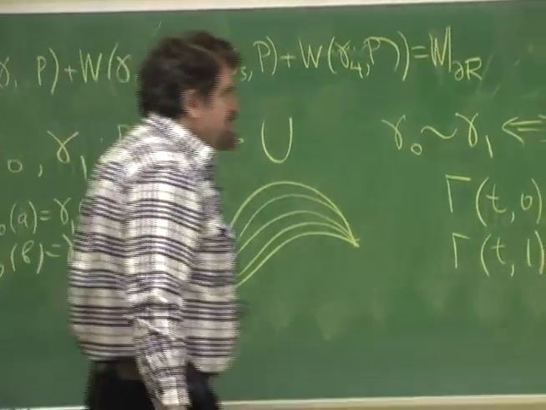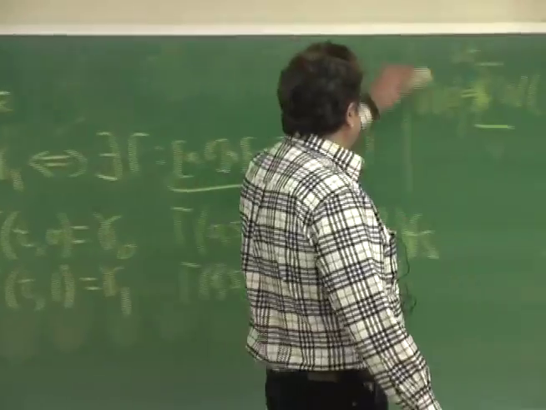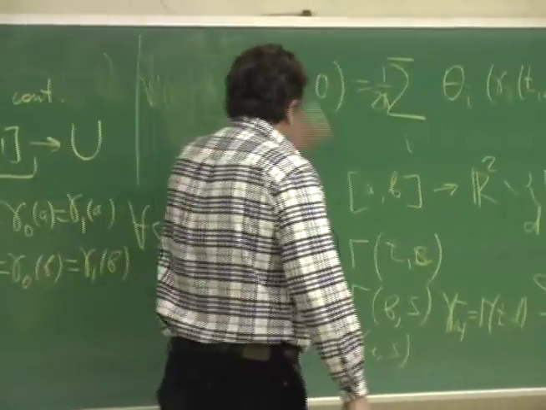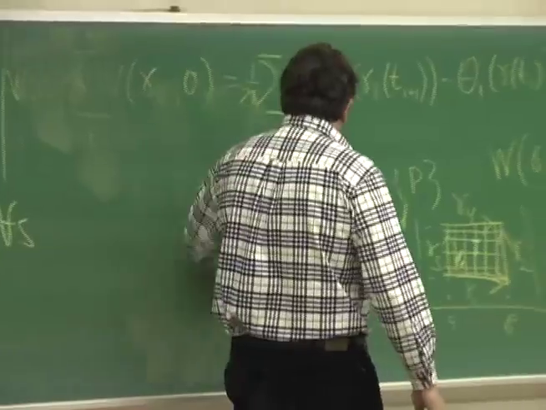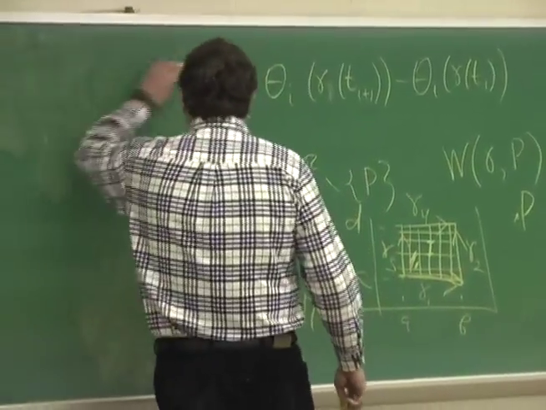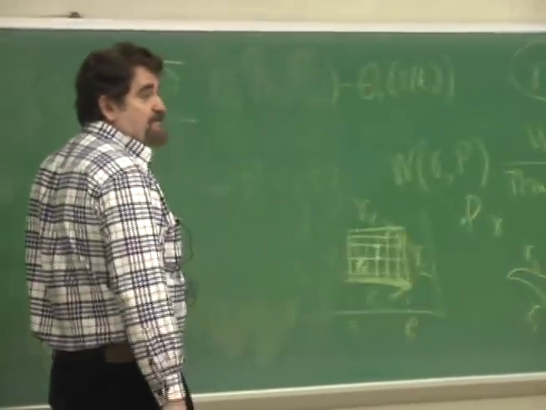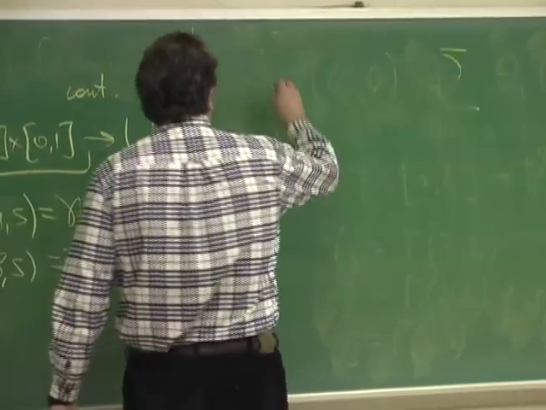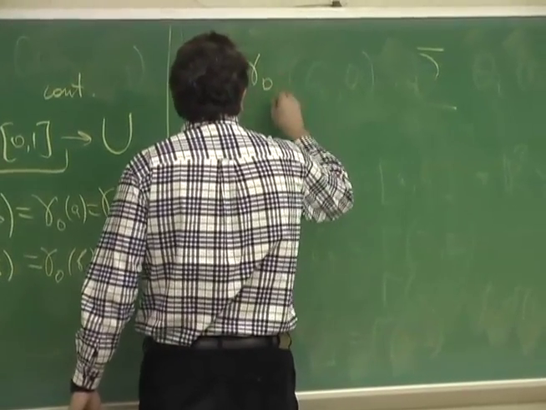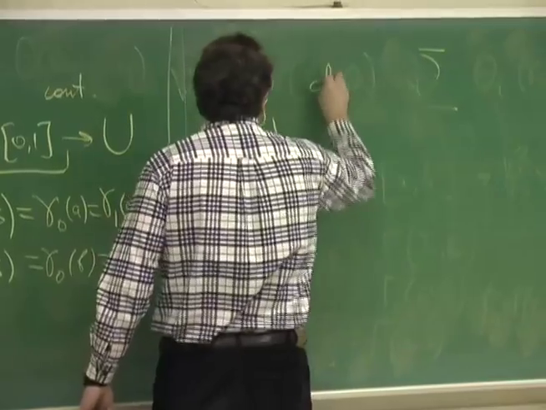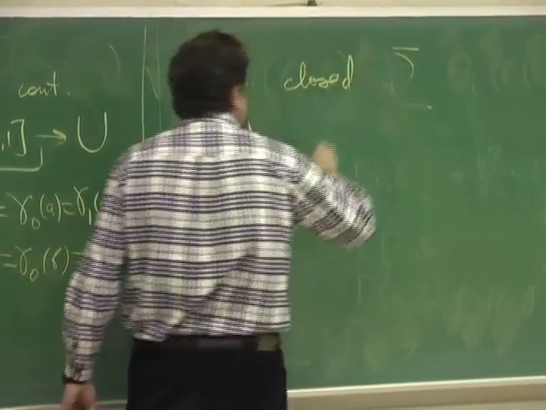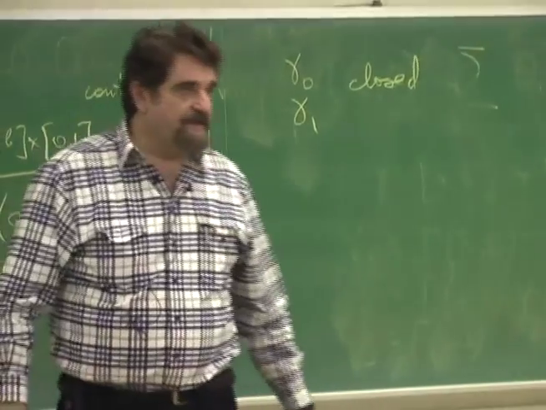Let me immediately define a different notion of homotopy, homotopy for a different kind of curves. Now gamma 0 and gamma 1 are closed: the end coincides with the beginning.